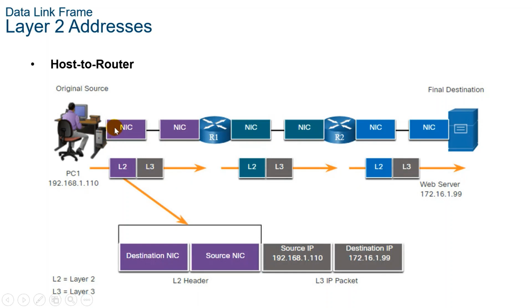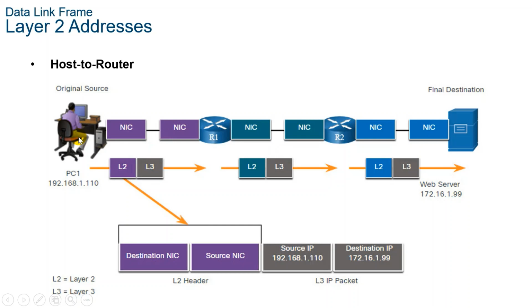So basically, if we are going to move data from the source to the web server, which is the final destination here, your data goes through several encapsulation processes. First, the source encapsulates the layer 3 IP packet in a layer 2 frame.